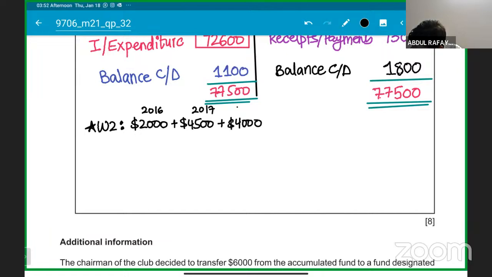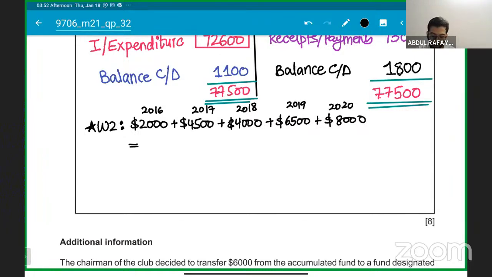And 2019 कितनी है? 6500, right? और 2020 जिसमें हम डीलिंग कर रहे हैं उसकी कितनी है? 8,000, right? So we will add all of these and divide by 5, and this year's income will come. So it's becoming 25,000 divided by 5 for 1 year.